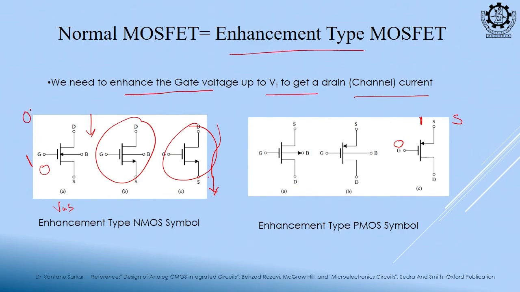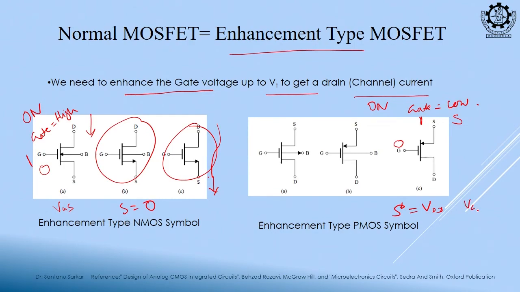To turn this on, my gate should be high. To turn this on, my gate should be low. Why? Because source is at VDD, here source is at ground. So, source is already VDD.